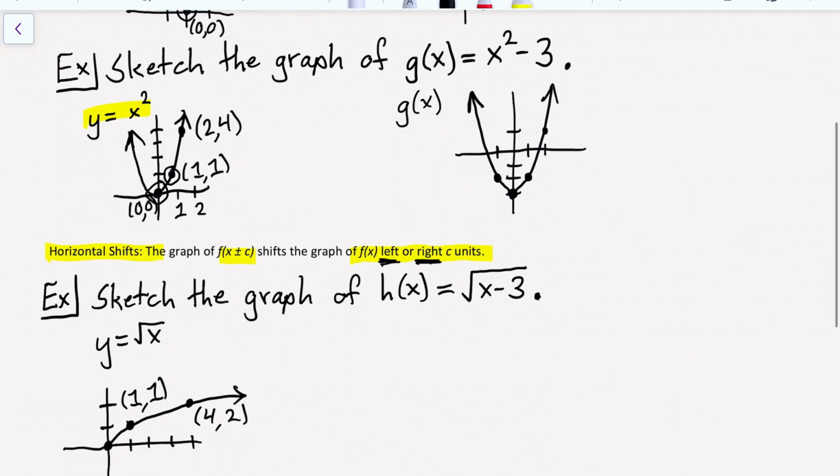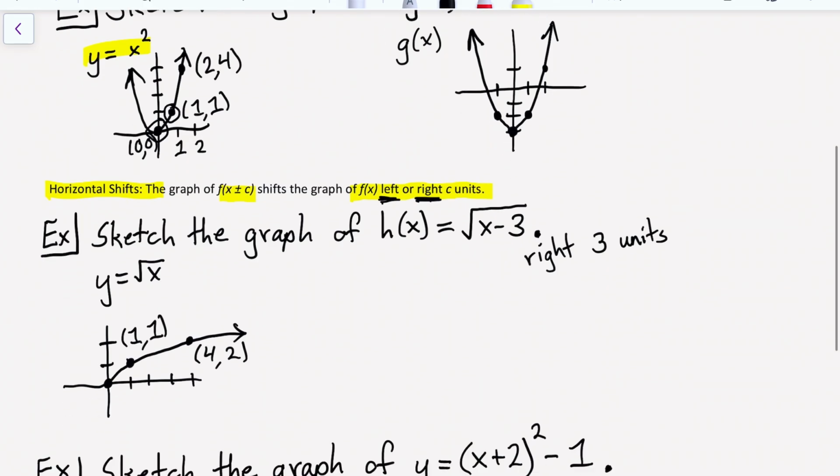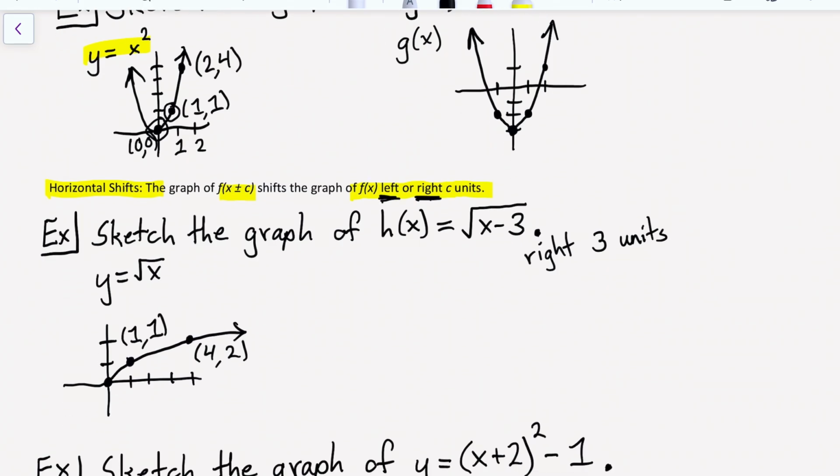So in our first example, we want to sketch the graph of h of x equals the square root of x minus 3. This 3 is being subtracted from x, and that is actually going to move us to the right 3 units. It's going to shift us in the positive direction. So here is the original toolkit function, y equals square root of x, with some points noted on that function.